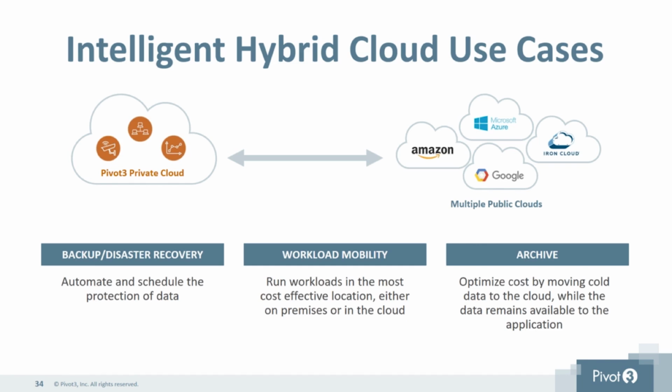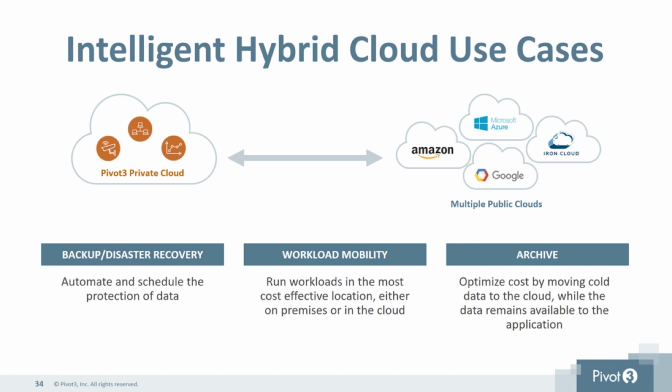I should mention too that, obviously, there are a lot more use cases that we're looking at around hybrid cloud. These are some of the ones that we'll be implementing first. As we go forward with our intelligent hybrid cloud, when we release different functionality is mostly informed by our users. We talk to hundreds of customers every week.